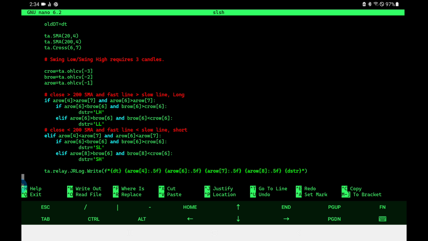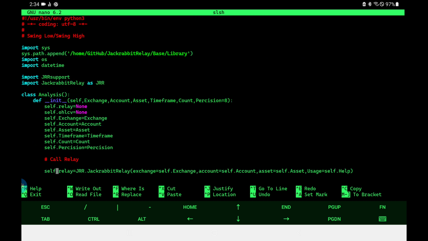And that marks the high point of the process. Now, because we are using Jackrabbit Relay underneath of our own object, by what we defined above, with the relay variable inside of our technical analysis object, let's go up and look at that. Right here, this is our gateway to Jackrabbit Relay.